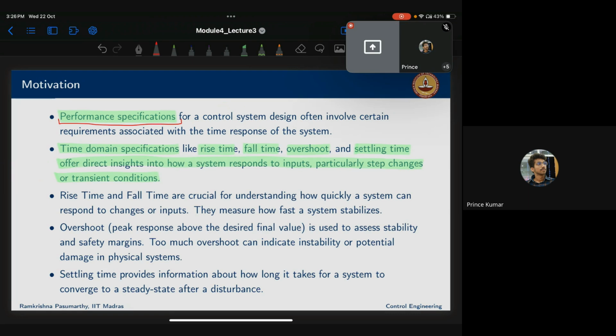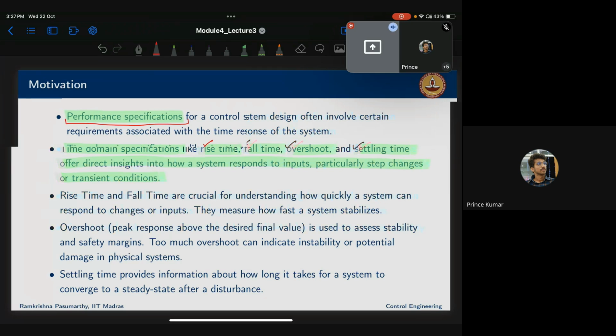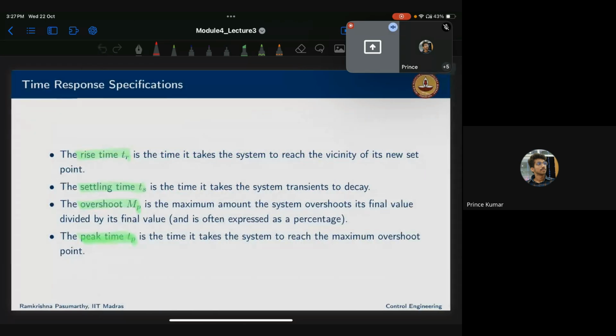The time domain specifications have different components: rise time, fall time, overshoot, settling time. That's it. So these are the different components. Using these components, we will design a proper control system to our requirement. Okay, let us see one by one now.